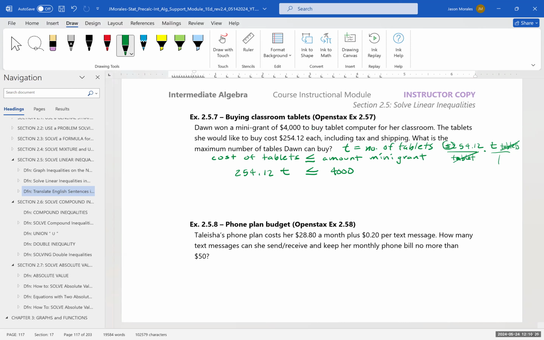And we're going to be comparing dollars for dollars, dollars on the left with dollars on the right. So now we'll divide both sides by $254.12, and we're going to get T has to be less than or equal to 15.74, and it just keeps going.